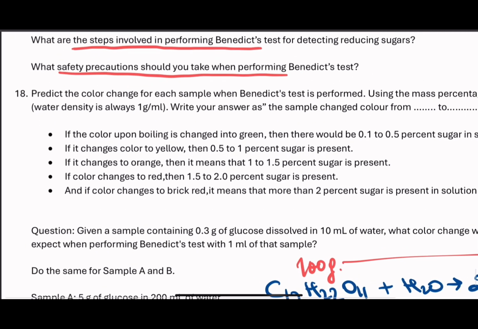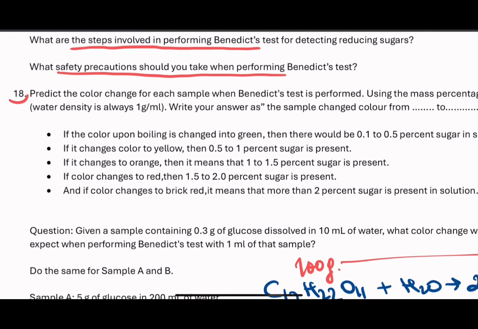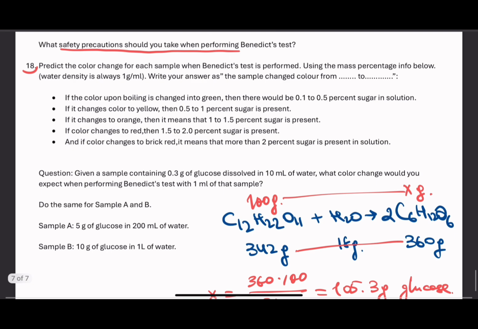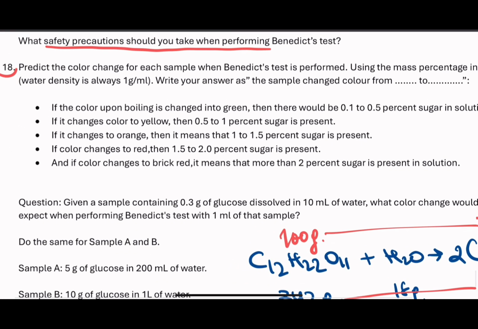And question 18. Now this is maybe something that is mind-boggling for some of you, but overall in here, if you remember in our Benedict test we had certain colors, right? And it all started with the blue color from the Benedict reagent, and then it will turn into some other colors.